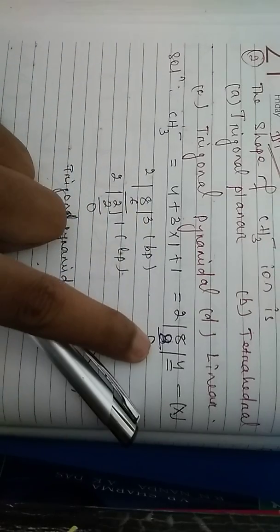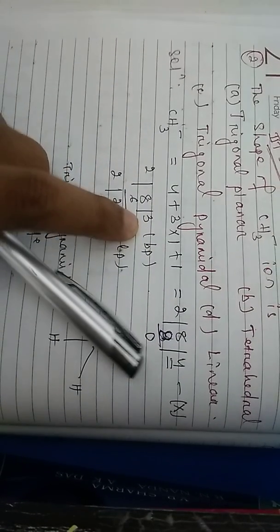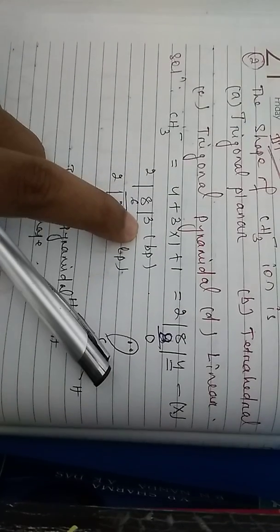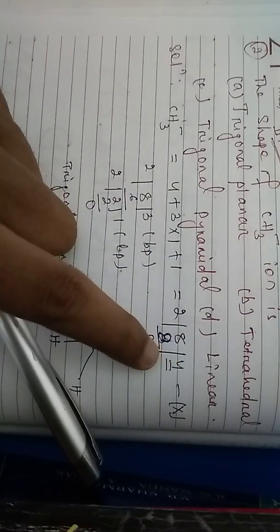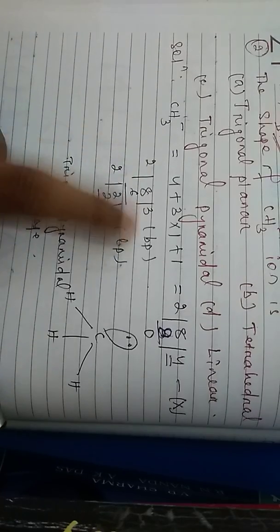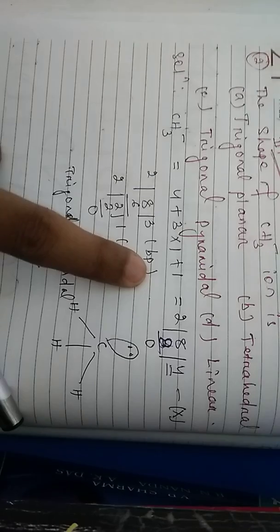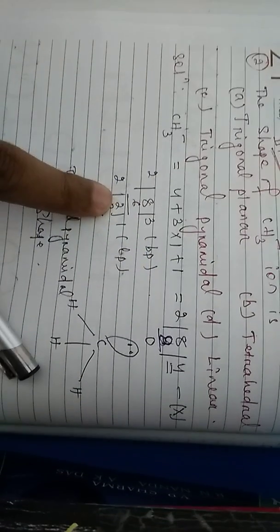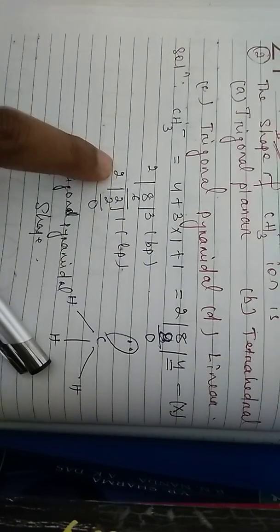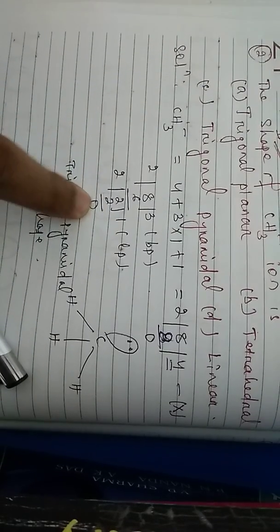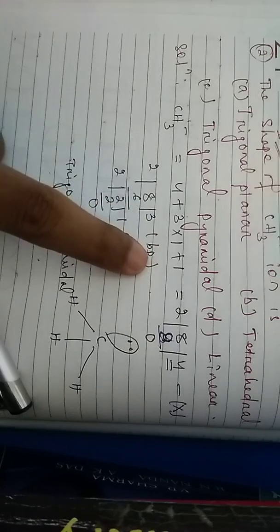So this is wrong. So we have to take a quotient less than 4, so I take the quotient 3. So 2 into 3 is equal to 6, meaning there are 3 bond pair electrons. And here the remainder is 2. Again I divide 2 by 2, 2 into 1 is equal to 2. So the remainder is 0. There is 1 lone pair electron and 3 bond pair electrons.